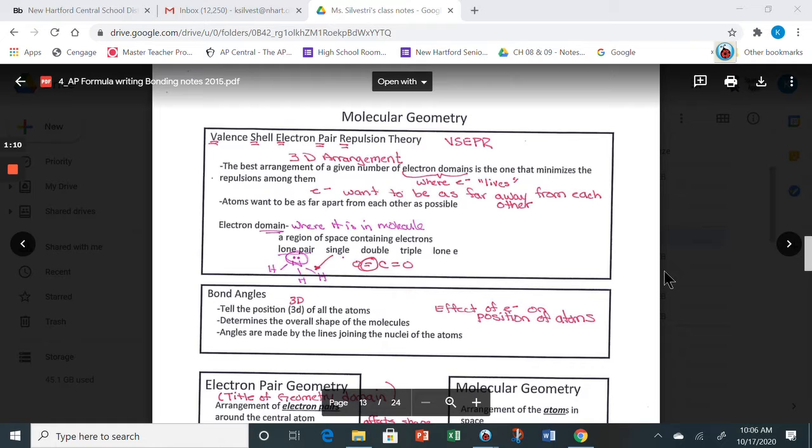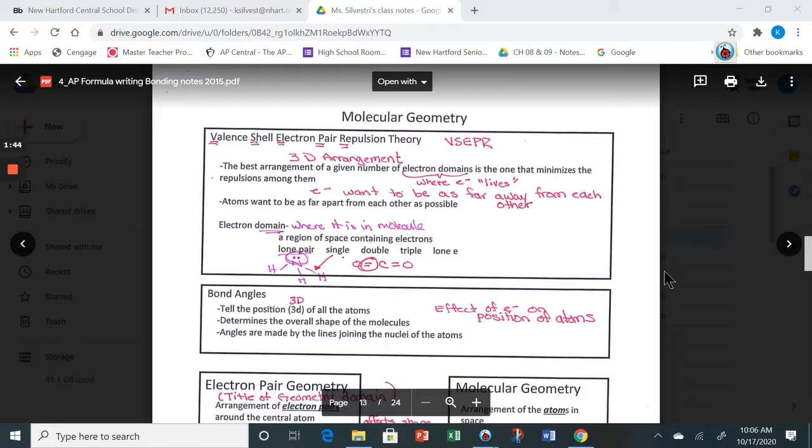So when you look at this repulsion theory, because you're looking at electrons in space, you're looking at the best three-dimensional arrangement to give those electrons the most space to move and minimize the amount of times they come close enough to each other to get a significant repulsion. You will always have a repulsion because it's negative with negative, but you're minimizing how much repulsion is there, and you're trying to keep the molecule as stable as possible.